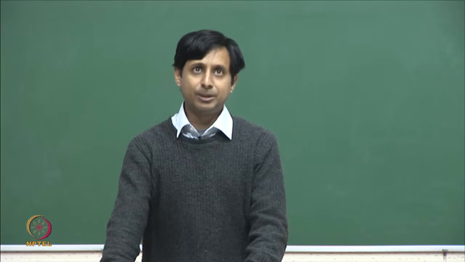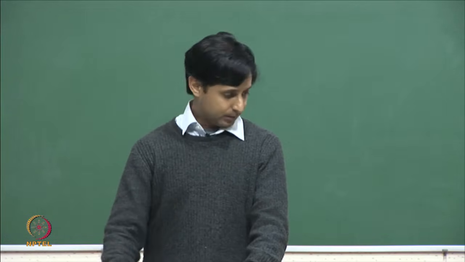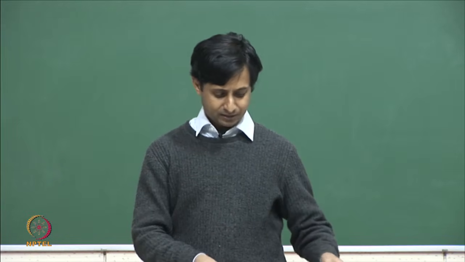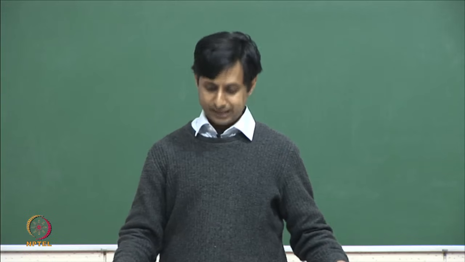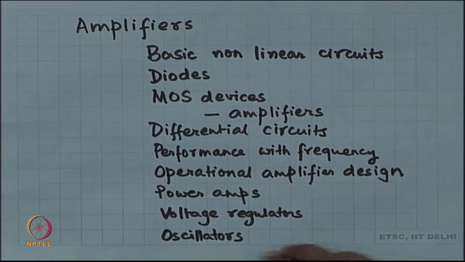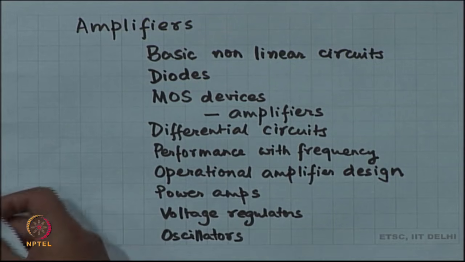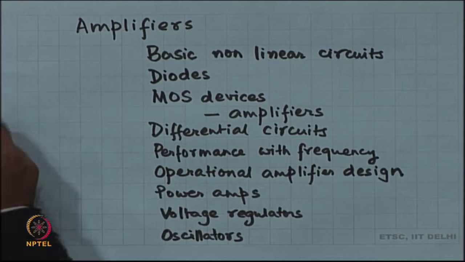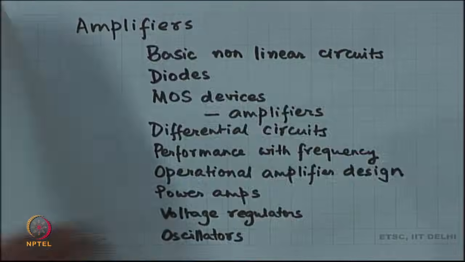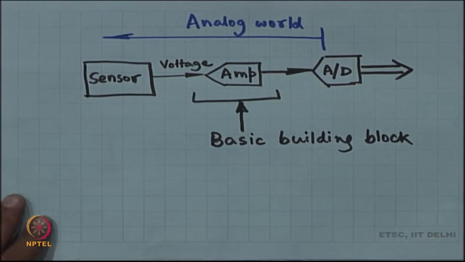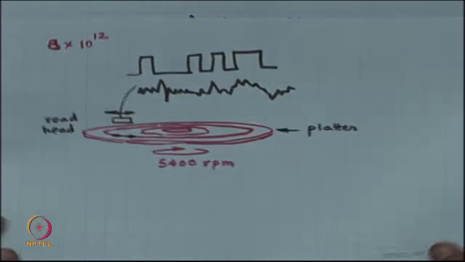Let us stop here. In this class we first discussed the basic course outline, very briefly, and then we discussed different examples of analog circuits, the thermometer, and how the amplifier is a basic building block.